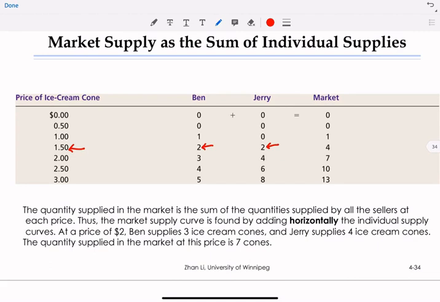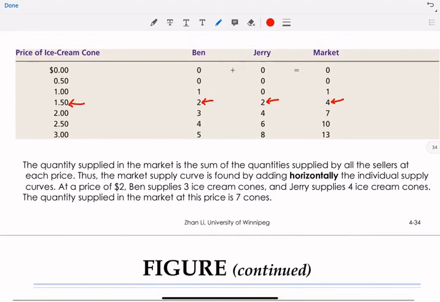So this tells us the quantity supplied by the market is 4. Of course, here we assume the market has only two sellers, just Ben and Jerry. Right? So basically this is how mathematically you could find out the market supply curve.